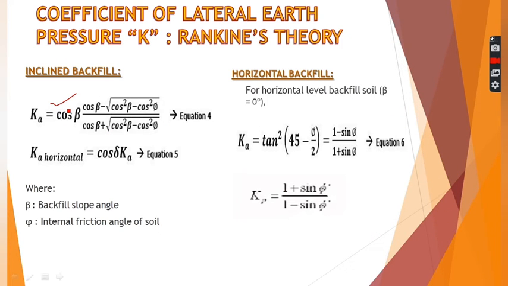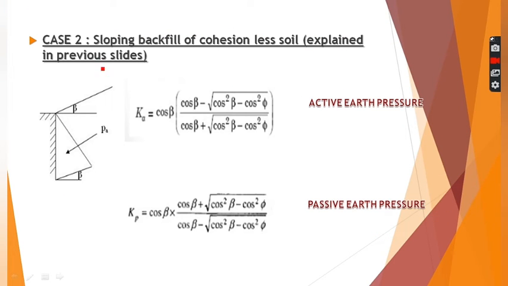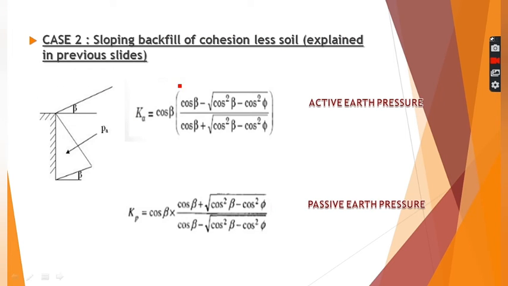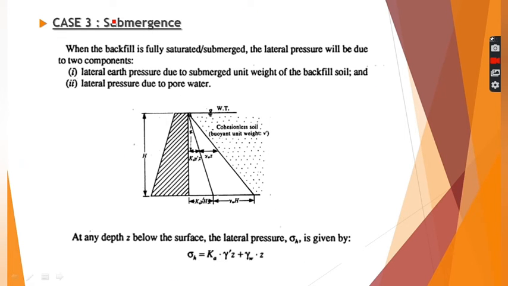This is the case for inclined backfill. So you can use this formula. Note here that in case there is horizontal or sloping backfill, there will be only a change in the Ka value, which will indirectly affect the Pa values. Now next is submergence.